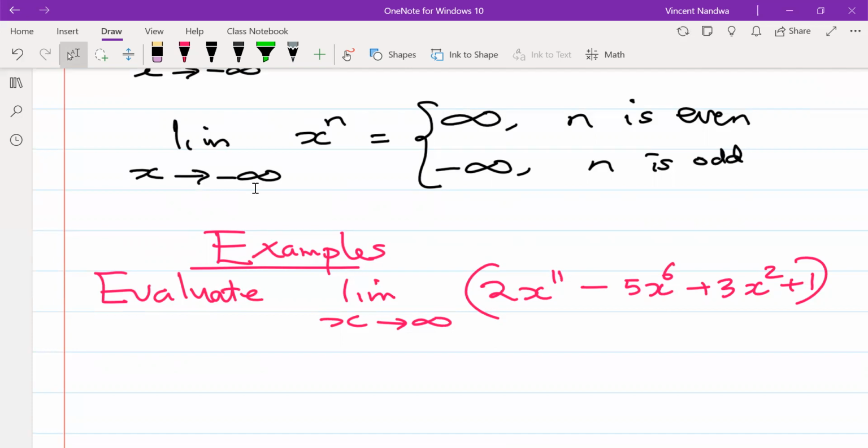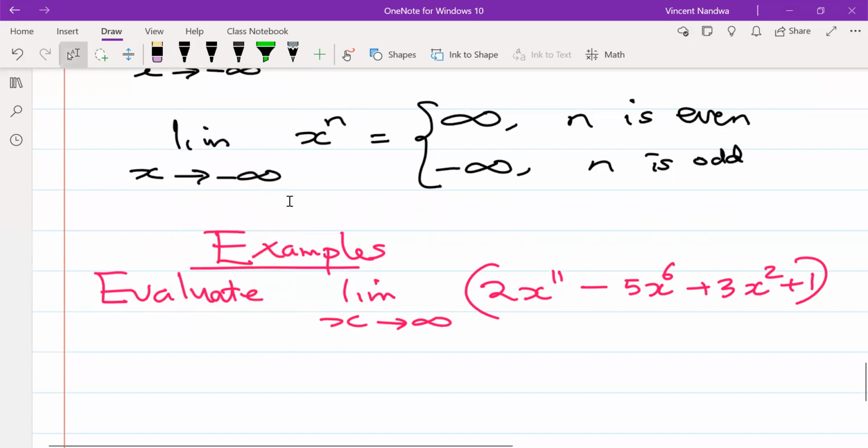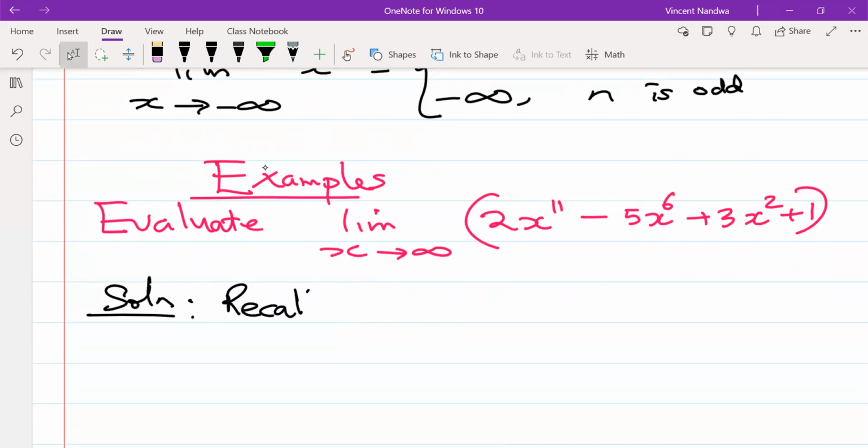Yes, the power of x is 11 in the first term. Good. So the key thing in our solution: recall that we have said the limit as x approaches positive infinity of 1 over x power n is always 0, correct?